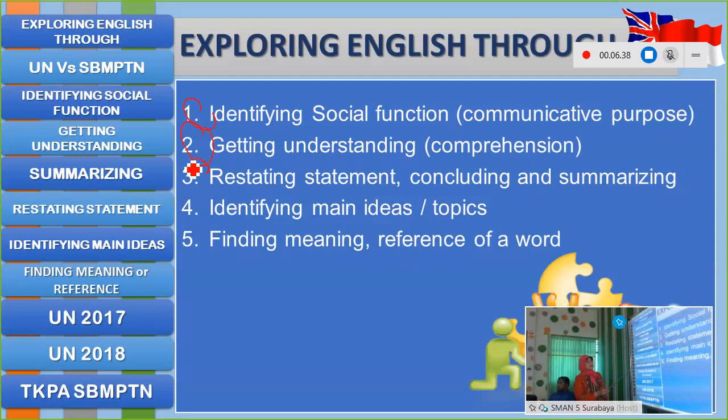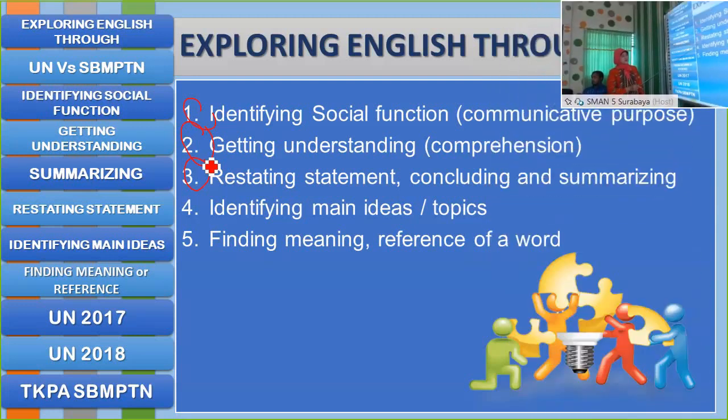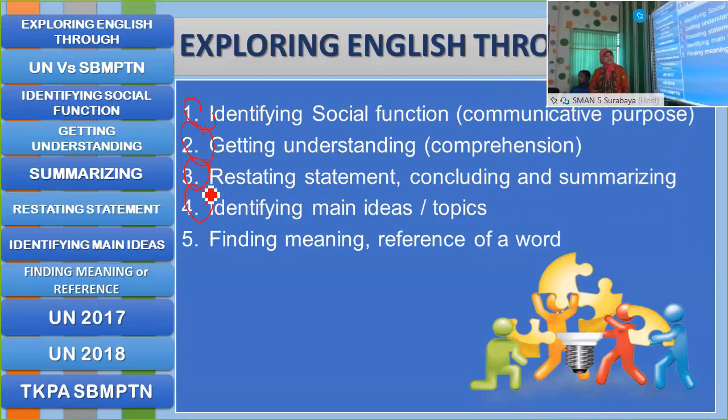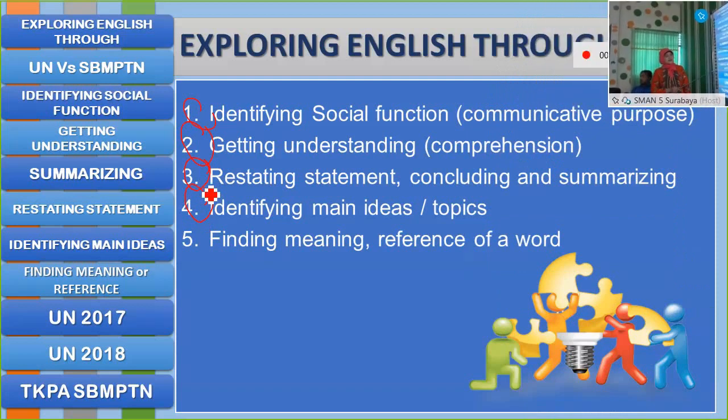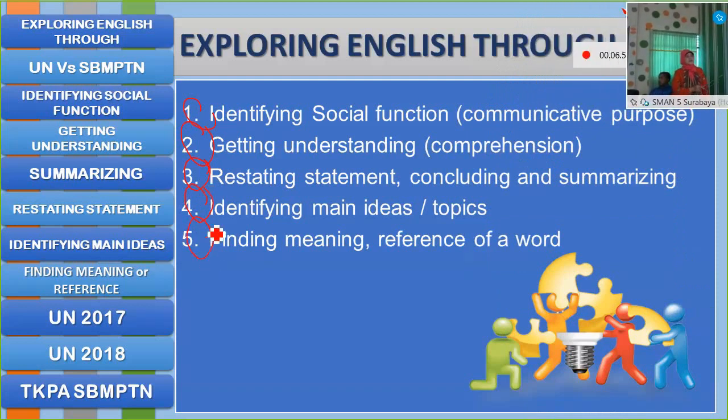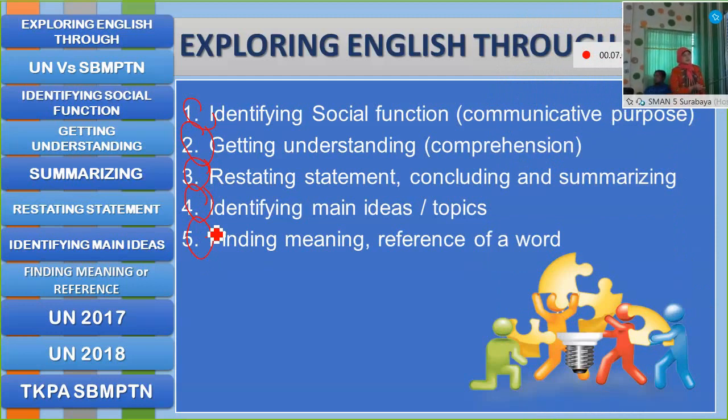Number three, sometimes we have to restate a statement, or give our conclusion, or even summarize the text. Number four is identifying main ideas or topics. And number five is finding meaning, which can be the synonym or sometimes antonym, and sometimes the reference of a word.